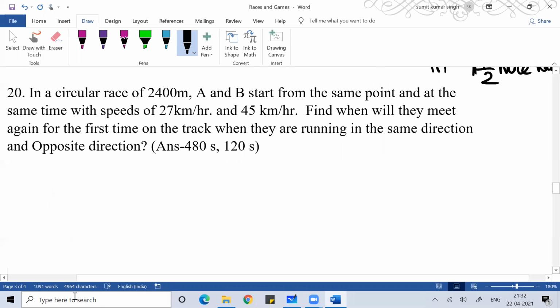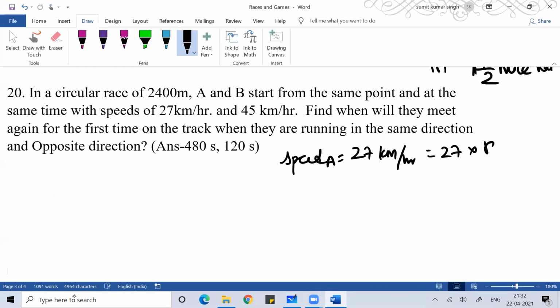A and B start from the same point at the same time with the speed 27 kilometer per hour and 45 kilometer per hour. So the speed of A is 27 kilometer per hour. You can convert 27 into meter per second with 5 by 18, 3 by 2.